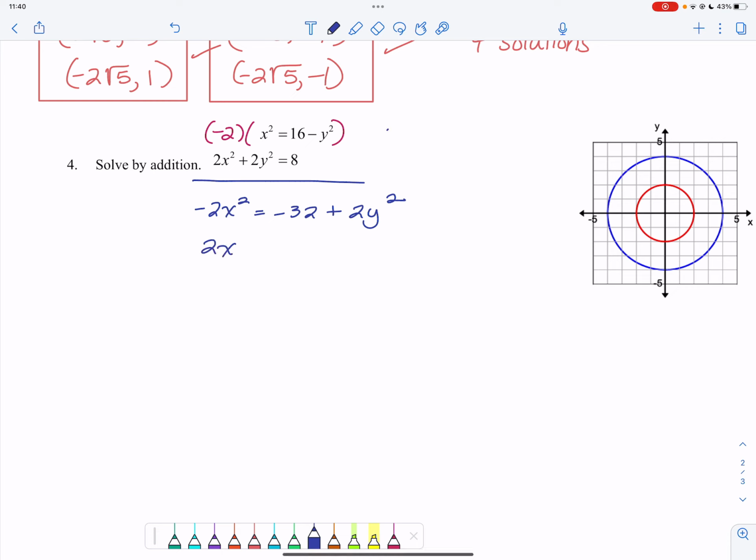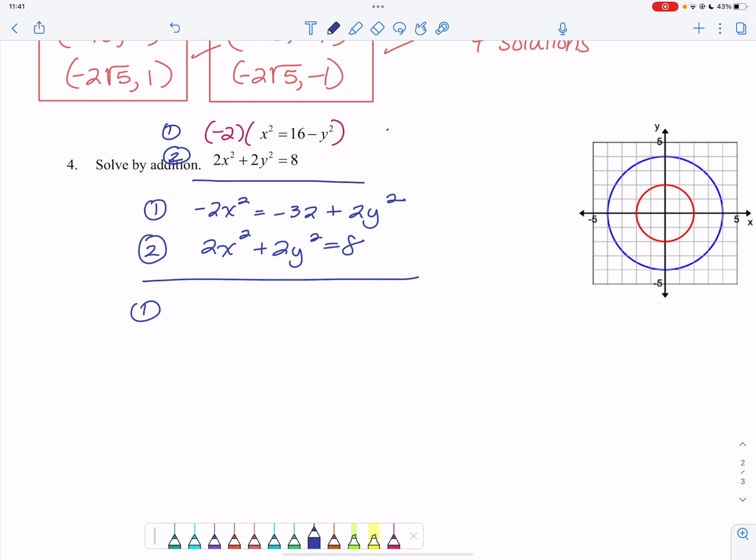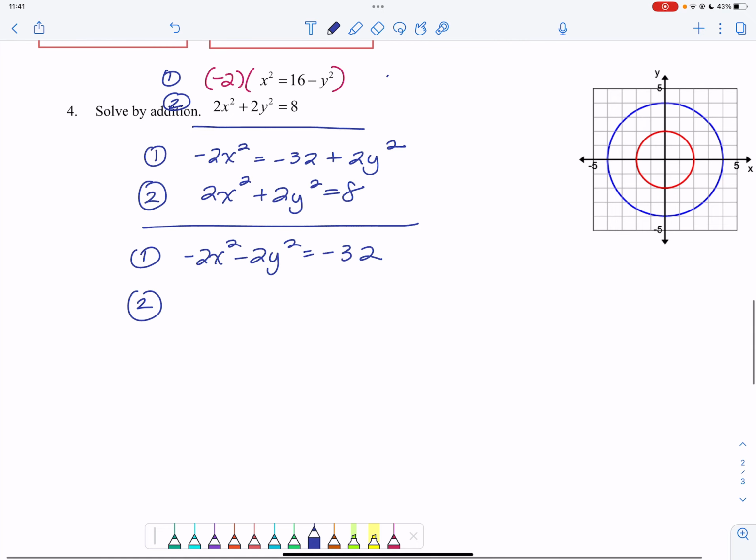So this is equation 1. This is equation 2. Let's clean that up. So we have a negative 2x squared, and we'll subtract 2y squared equals negative 32. And then equation 2, 2x squared plus 2y squared equals 8.